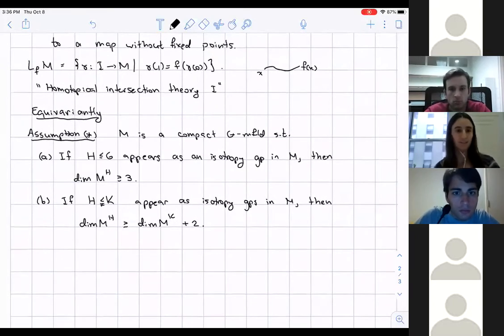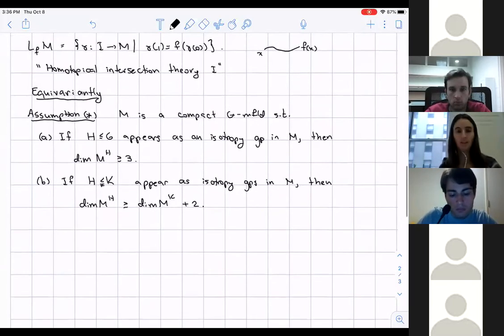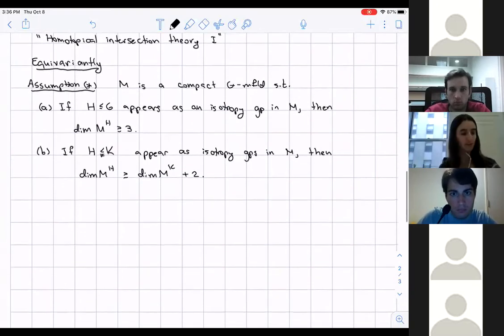This is to make sure that certain things are simply connected when you pass from one submanifold to the next bigger one. Okay, so those are going to be the assumptions.